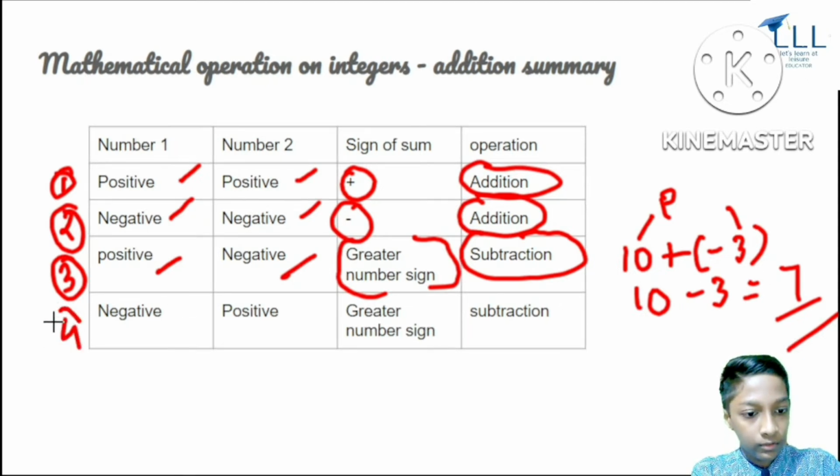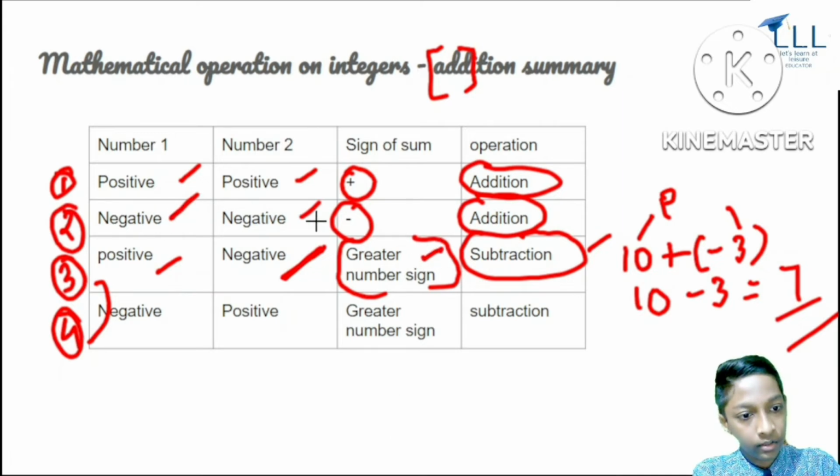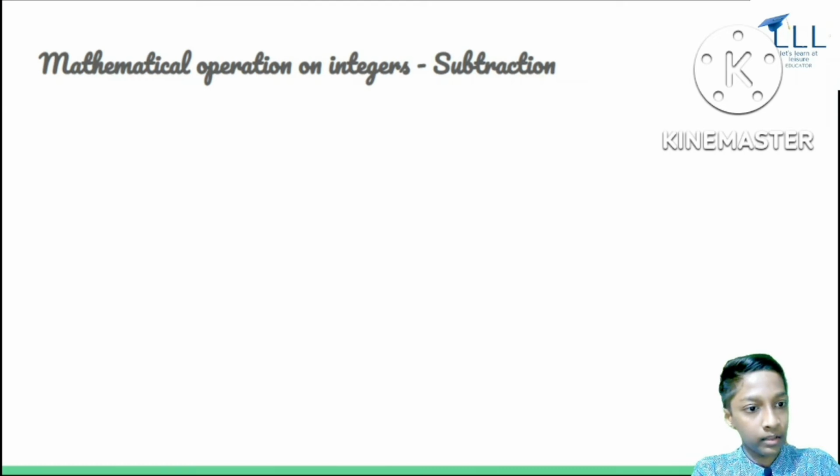And the fourth case is the reverse of the third case. Remember that if we get one negative number in the equation and set to add them, then we have to subtract and put the sign of the greater number. If we get two negative numbers in the equation and set to add them, then we have to add and put a negative sign. Now let's see the mathematical operation on integers of subtraction.